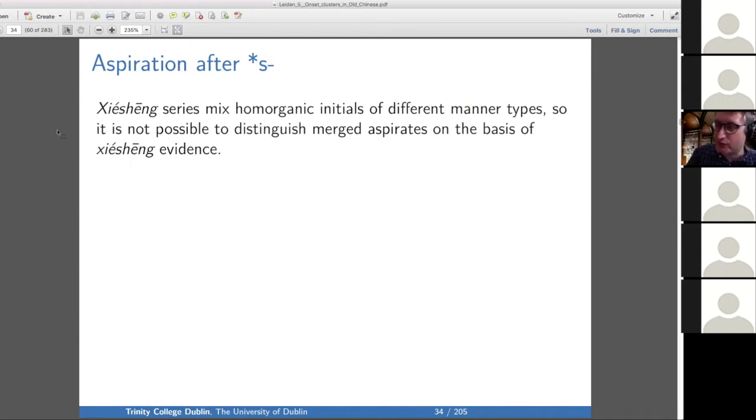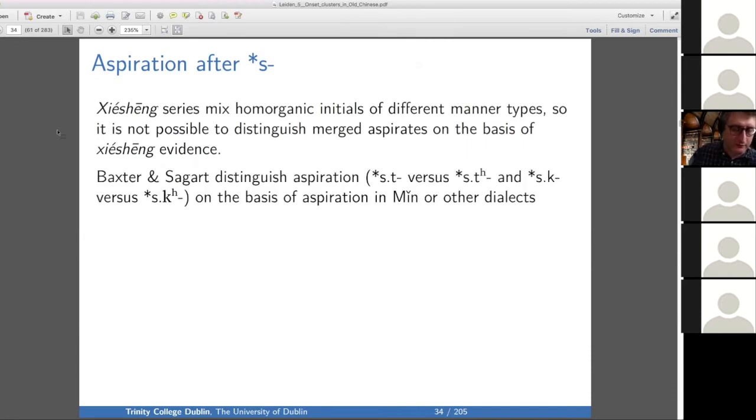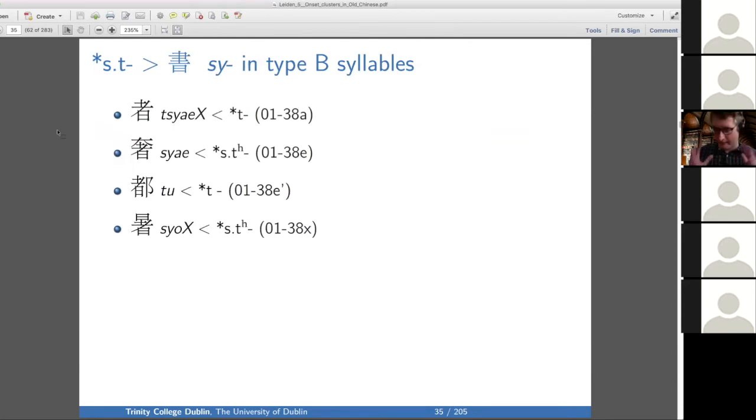SP and SPH are neutralized in Middle Chinese because both of them turn into S. Baxter and Sagart do reconstruct these differences, but on the basis of aspiration in Min or other dialects. So that's an answer if you were wondering how you can know whether these things were aspirated or not, because it's neutralized in Middle Chinese after a pre-initial S. You look at things other than Shesheng series.